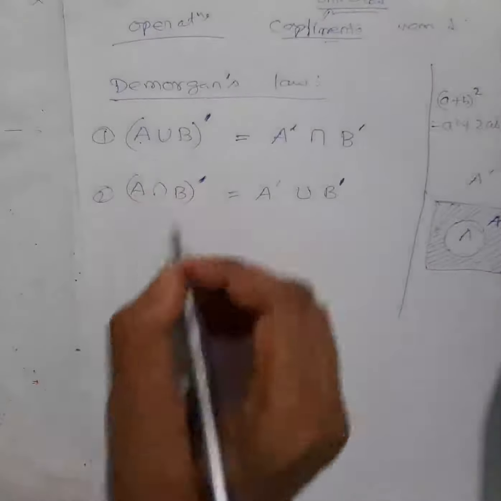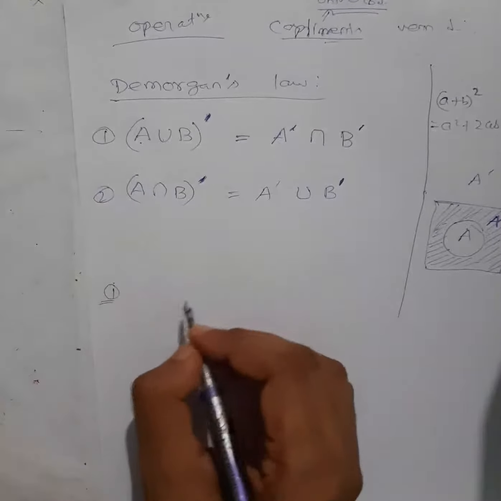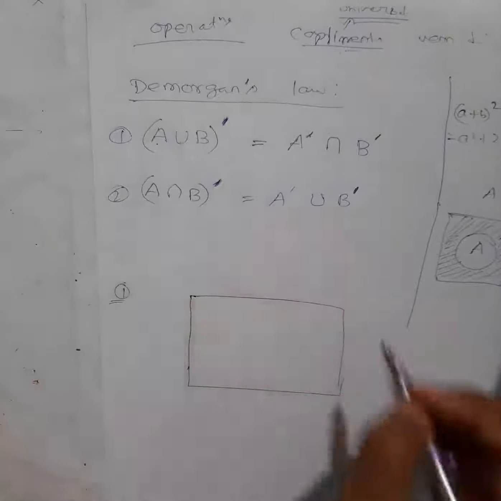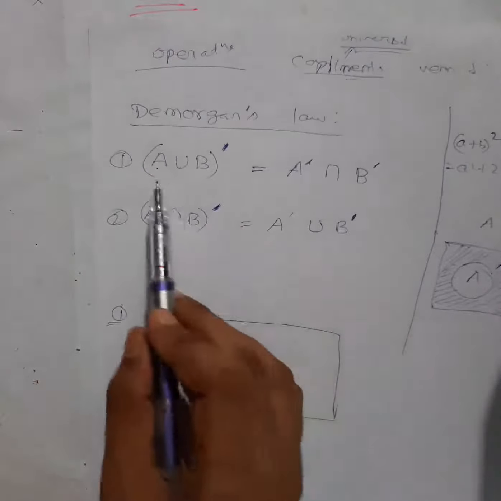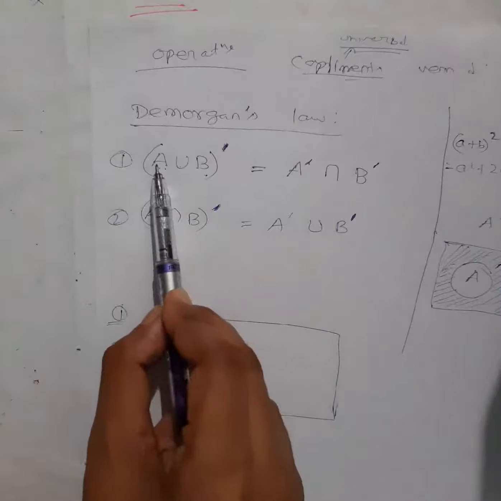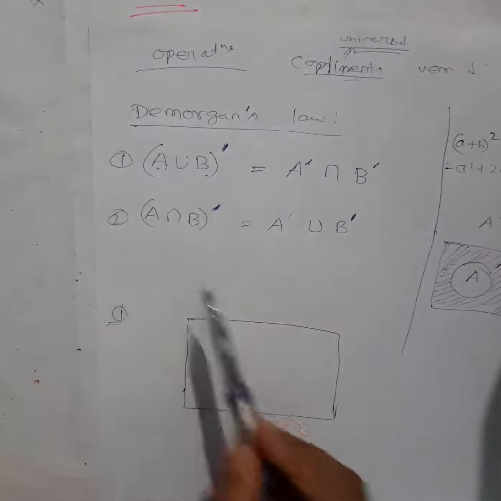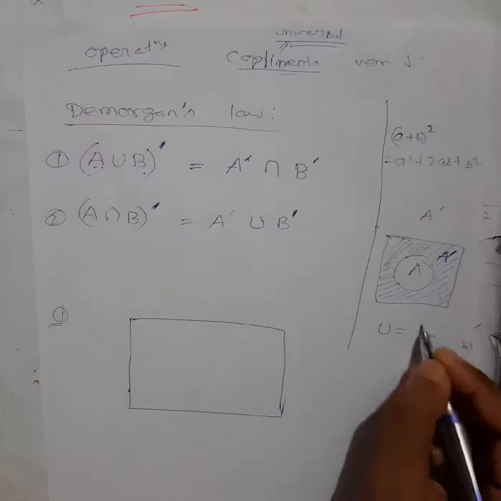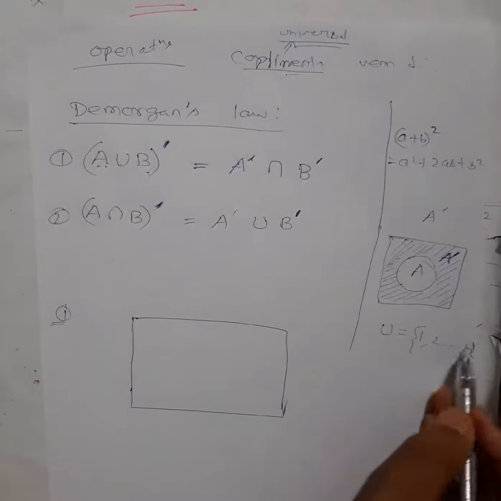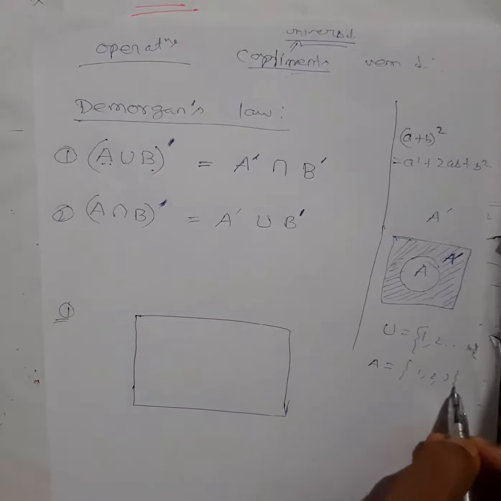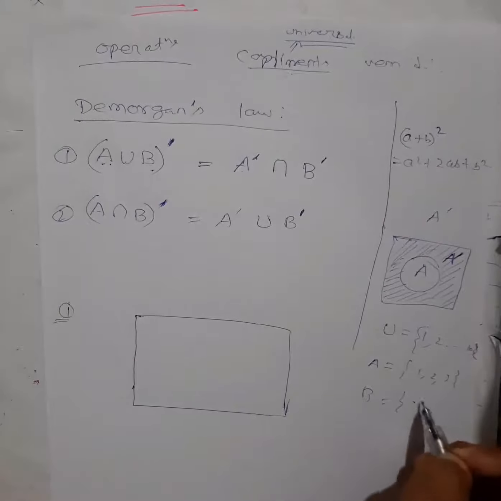So see carefully the first one. If they ask you for proof, you can give an example. Take a universal set, and under that take set A and set B. For example, take the universal set as 1 2 3 4 till 10, and under this take two sets: A as 1 2 3, B as 3 4 5.